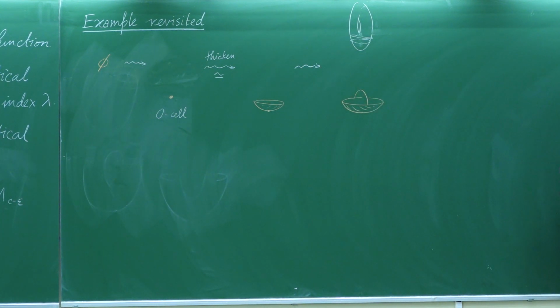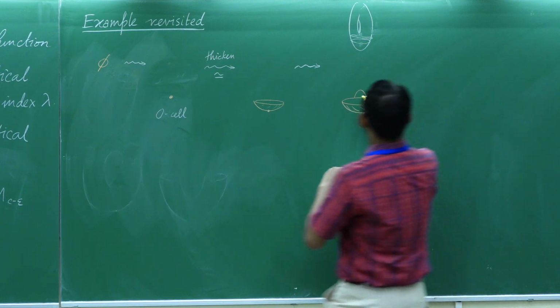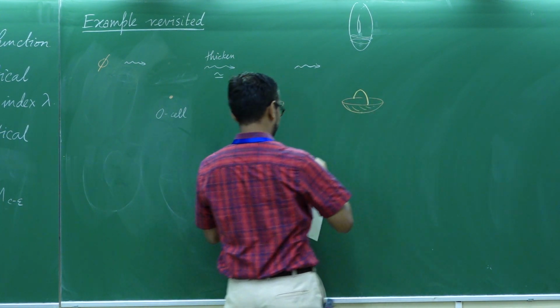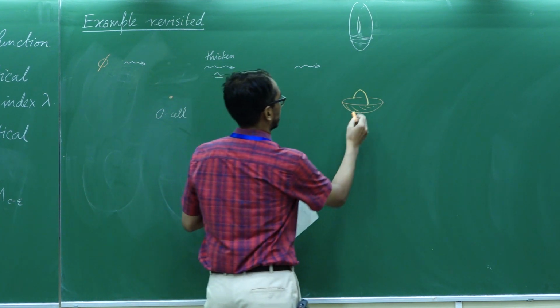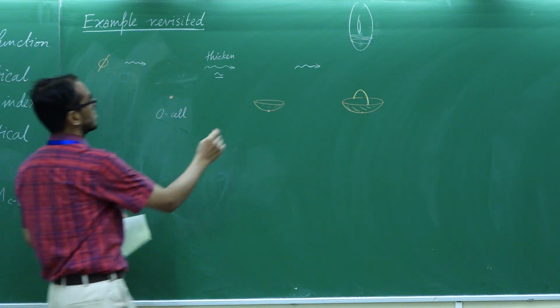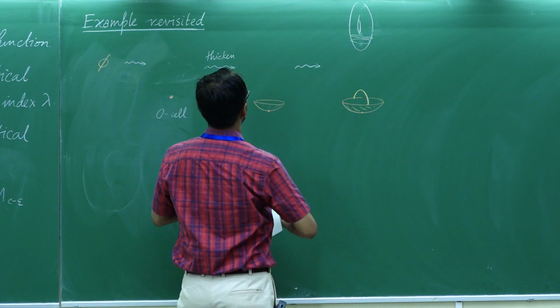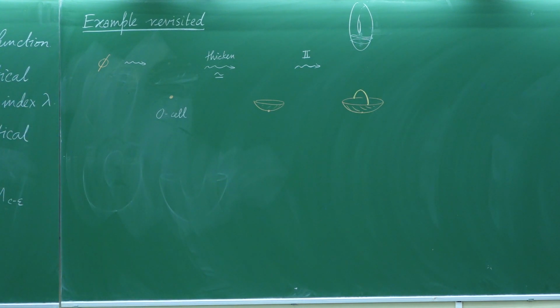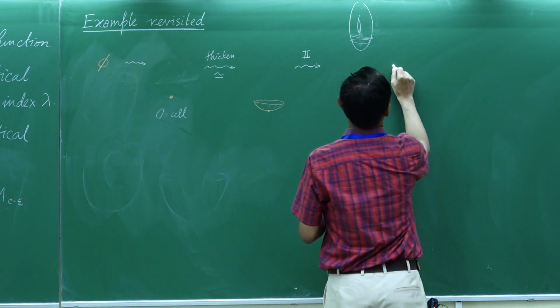So I'm going to change the color. This is the one that we have attached. When you go past this critical point, you have to attach a one cell or a one disk, which is just linear. And then you can again thicken this.